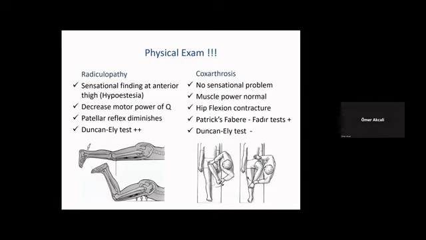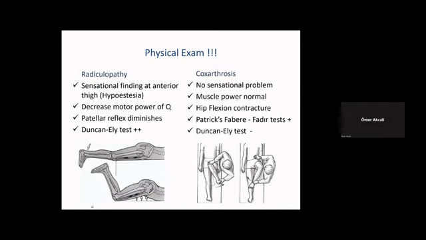Physical examination is the key point for differential diagnosis of coxarthrosis and radiculopathy. In radiculopathy patients, we can detect sensory findings such as hypoesthesia or dysesthesia at the anterior part of the thigh. Decreased quadriceps muscle power and patellar reflex loss may be detected.